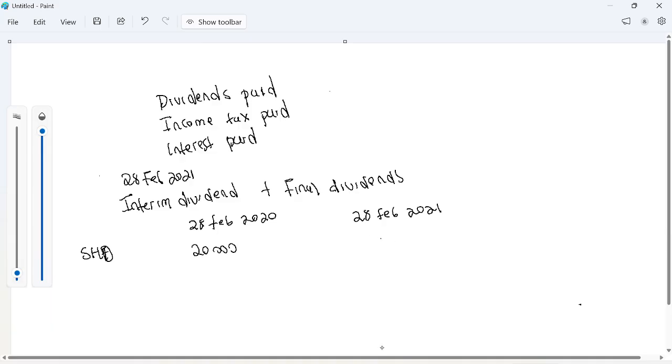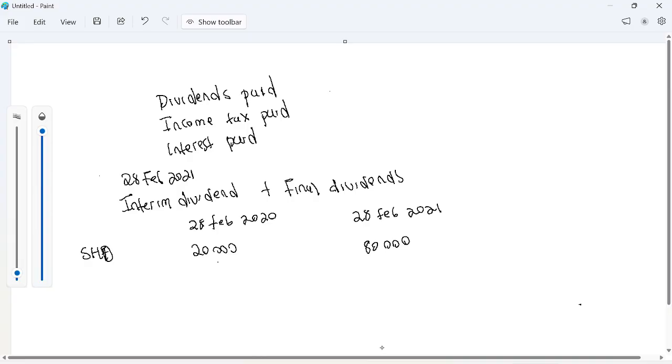And our shareholders for dividend for 2021, meaning our current financial period, is maybe 80,000, right? Now remember guys, shareholders for dividend are only final dividends. They don't include interim dividends. It's just final dividends, meaning declared dividends, right? So guys, like I said, declared dividends are dividends that are not yet paid, right? So in this case, we are in this current financial period, so these dividends are not yet paid.